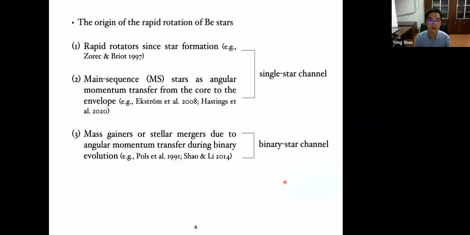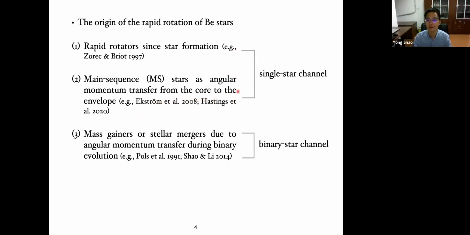There are 3 channels proposed to explain the formation of Be stars with rapid rotation. The first one is that Be stars are rapid rotators since star formation. The second one is that Be stars are main-sequence stars, at some stage during stellar evolution, with angular momentum transfer from the core to the envelope.